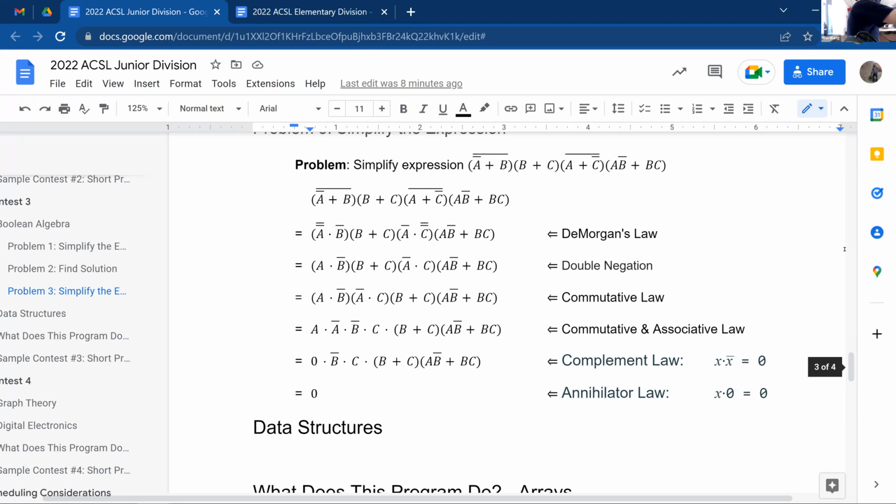That's the annihilator law, right? Because it's false and I don't care whatever that is, I can just call that x. And this whole thing becomes false, becomes 0. Right? That's how you apply these laws and simplify the expressions.